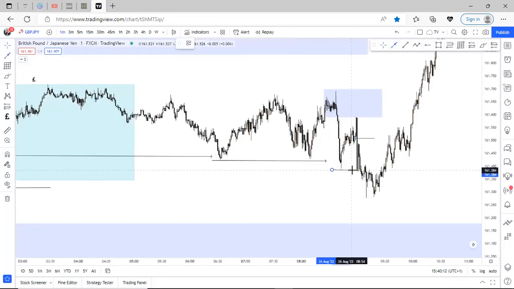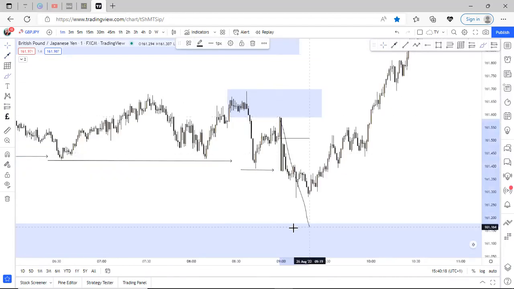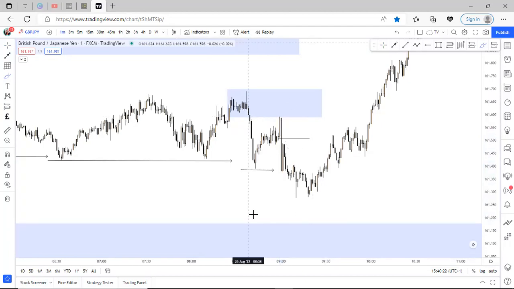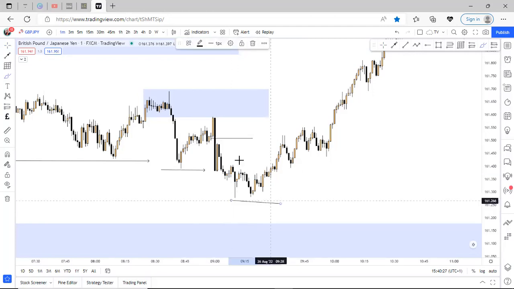Market moved again, broke structure again, and I was really happy because I'm very sure price is coming to fill the H1 imbalance that I have marked out. So when price got here, I was in profit, and price started moving back up again. I wasn't scared at all.